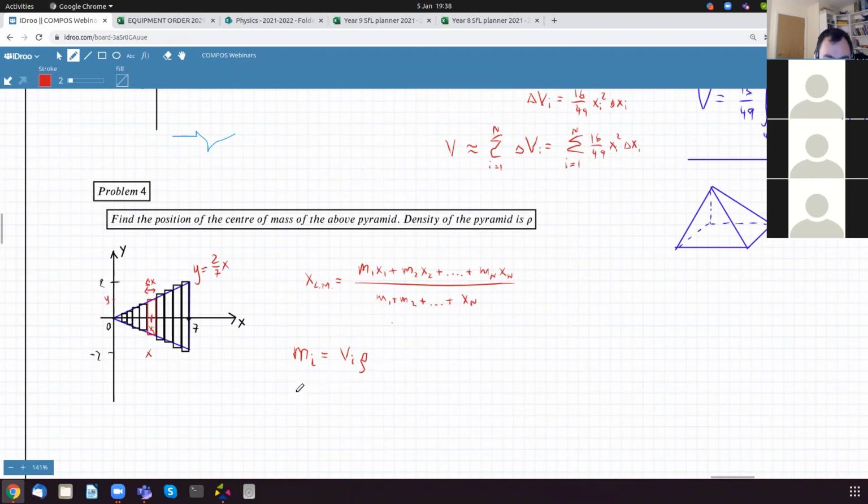We can grab the volume from the previous one.